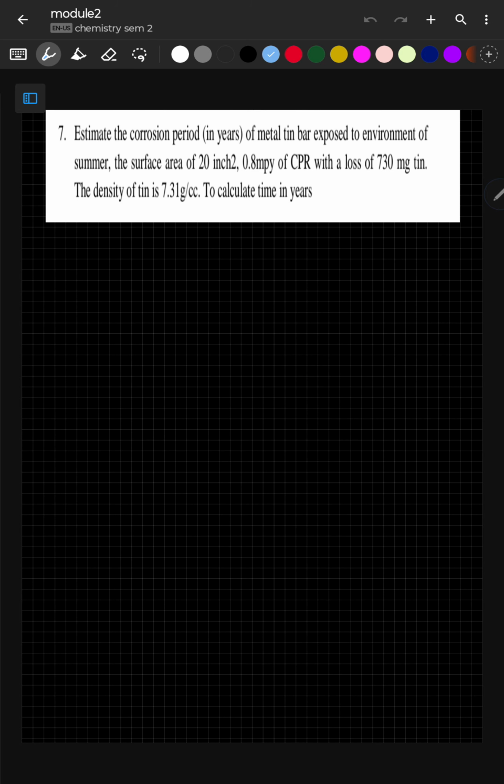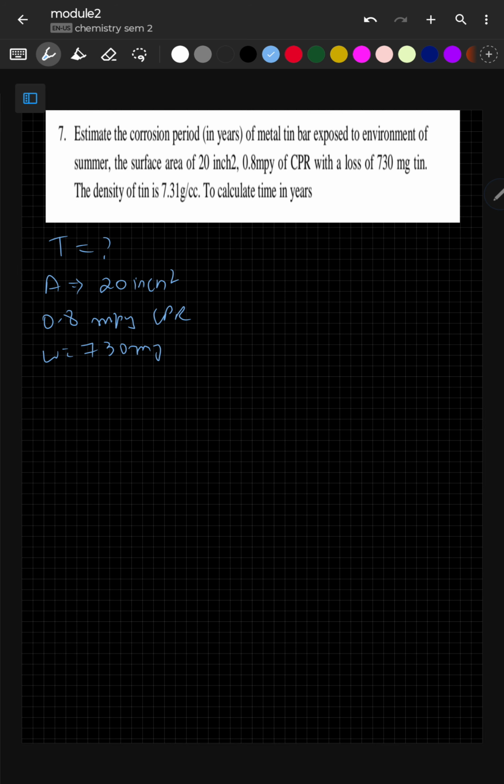Next question. Estimate the corrosion period in years. If the tin bar is exposed to environment of summer, surface area 20 inch square, 0.8 mpy CPR, weight is 730 mg, density of tin is 7.31 gram per centimeter cube.